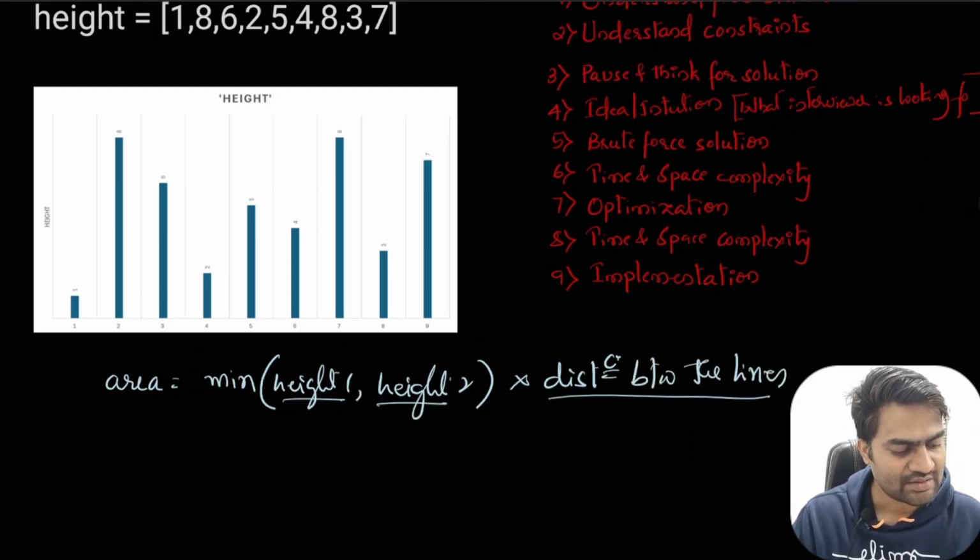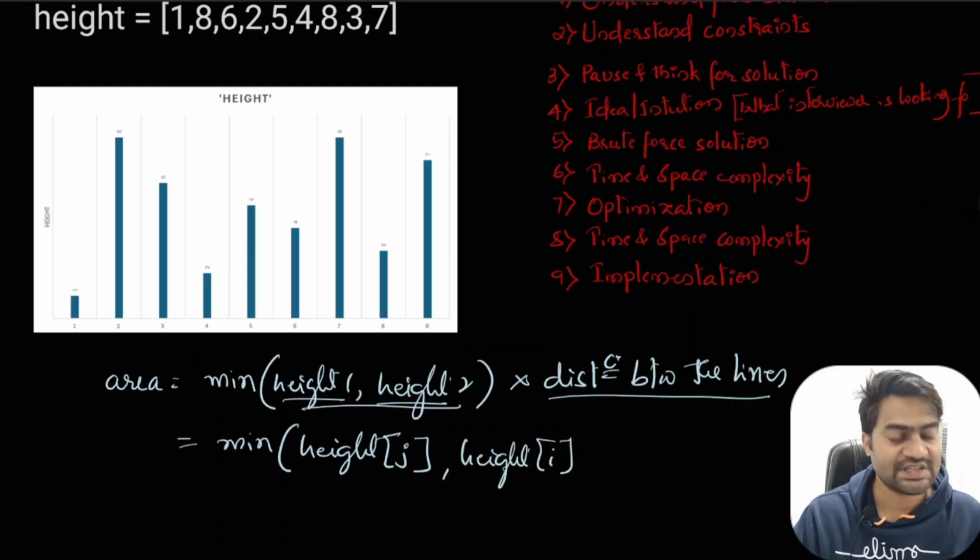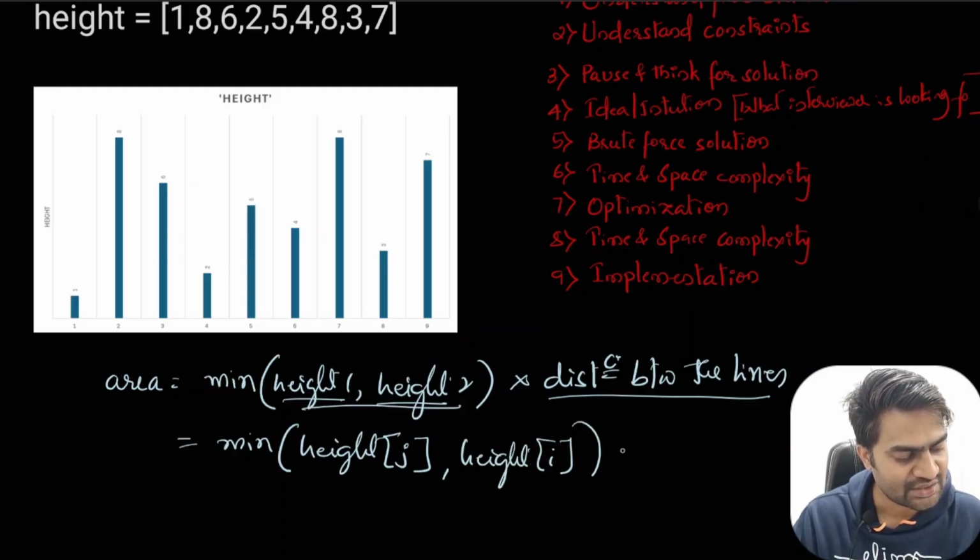We will try to derive this further. Height is our array, so we might take 2 indexes. This j will be our second index, and i our first index, so area is min of height of j, height of i, into j minus i.